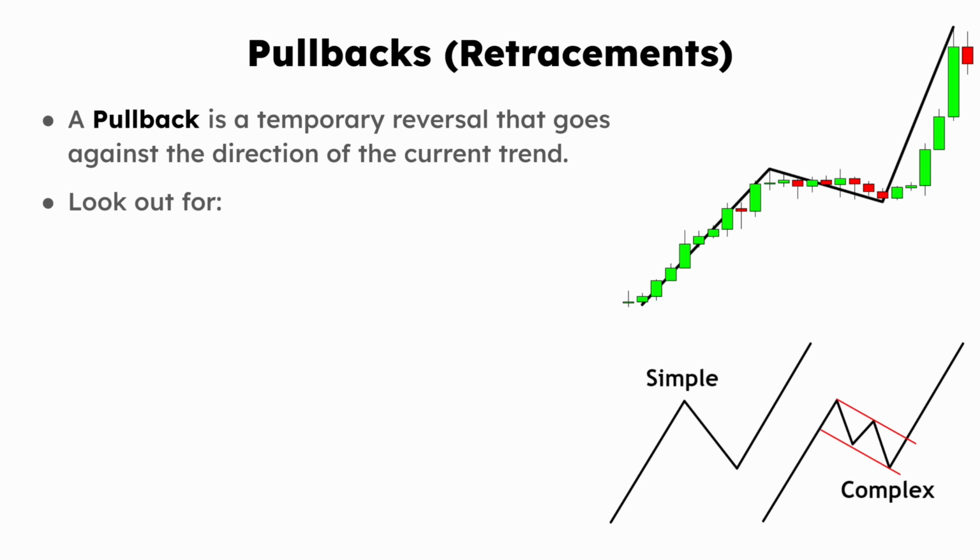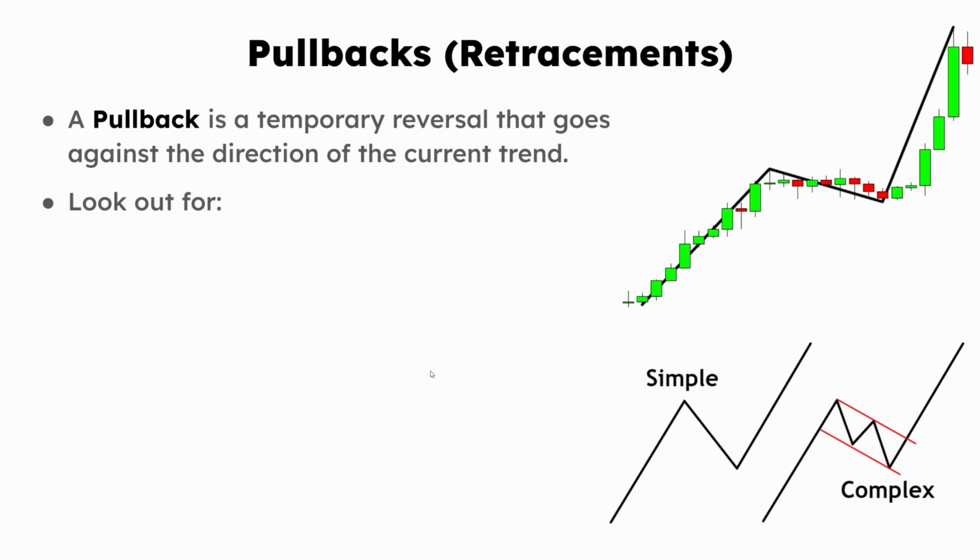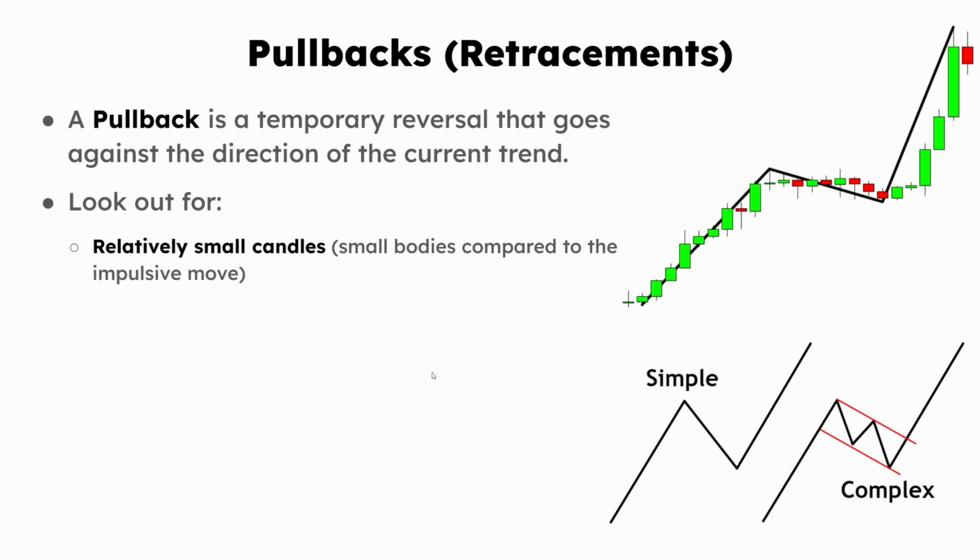It's our temporary reversal that goes against the direction of the current trend. But to simply say that a pullback is a temporary reversal might not be too helpful. So now let's once again take a look at some specific rules and signs to look out for to spot pullbacks. The first thing I'm looking out for in a pullback is that I want to see relatively small candles. I want to see the bodies to be pretty small compared to the impulsive move.